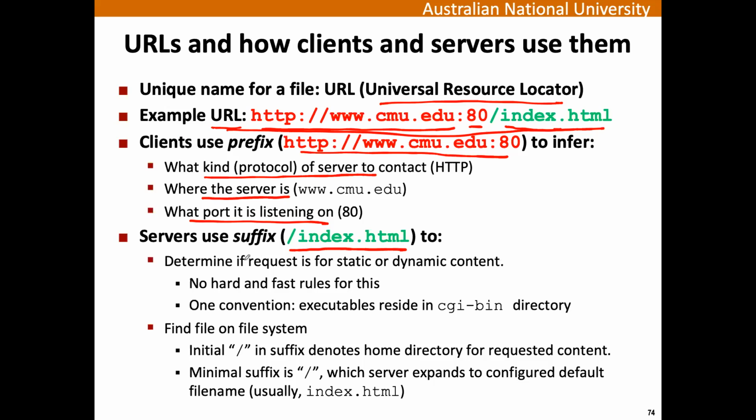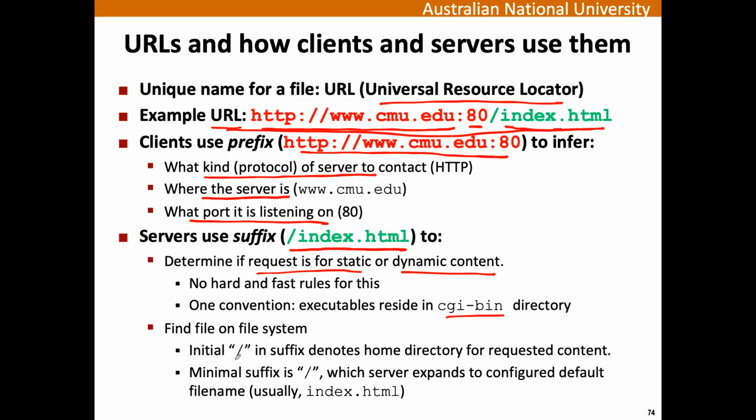This tells the server if the request is for static content or dynamic content. We will see that whenever clients request dynamic content, there is CGI bin somewhere in the path of the URL. And that helps the server decide if the request is for static or dynamic content.